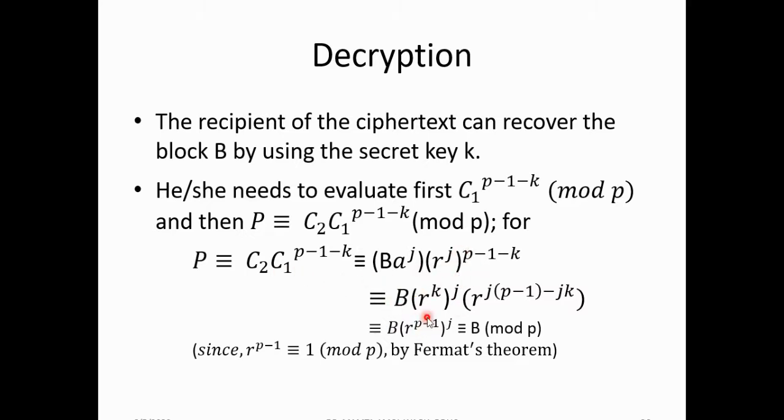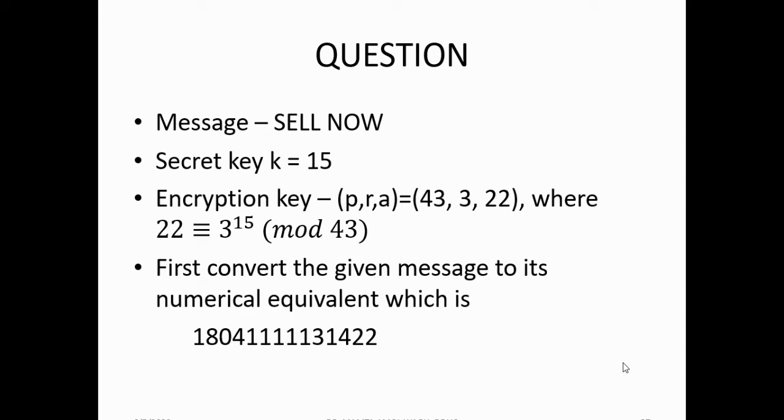So this will be b times r to the power k to the power j, times r to the power j(p minus 1 minus k). And this is congruent to b times r to the power p minus 1, to the power j, which is congruent to b mod p, because r to the power p minus 1 is congruent to 1 mod p by Fermat's theorem. So this b is obtained. This is the decryption process.